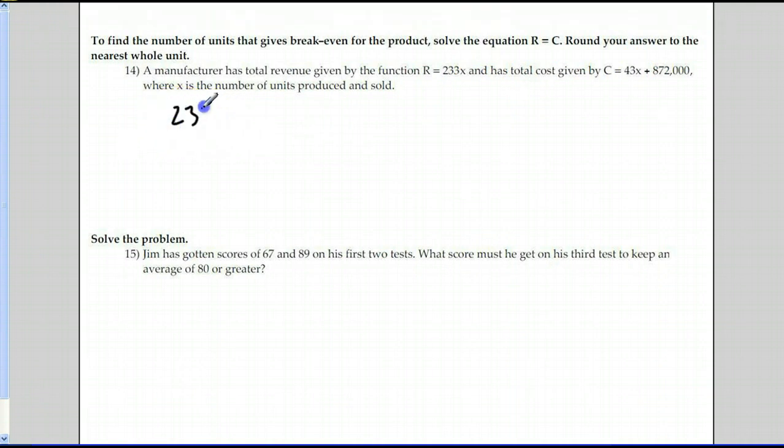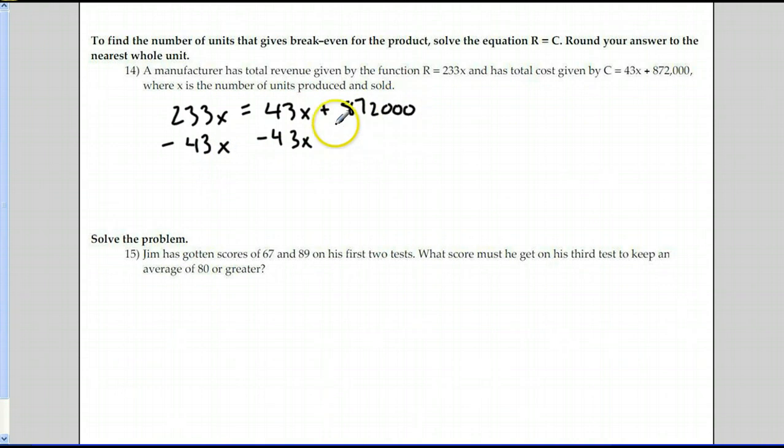So 233X equals 43X plus 872,000. Alright, isolate the X's, group them together. Group the constants over there by itself, and then divide.